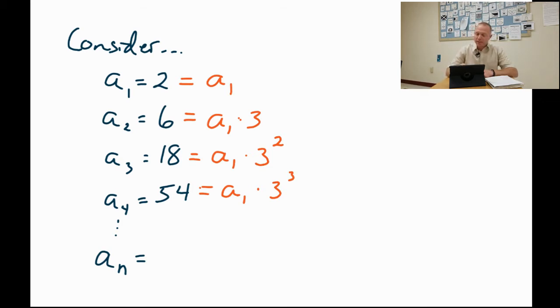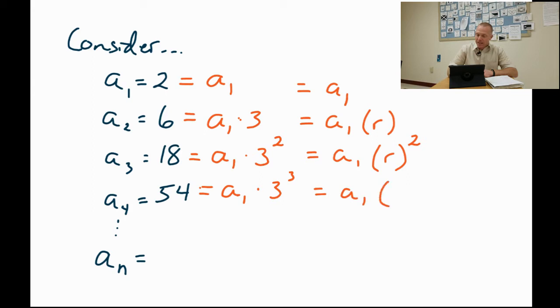We're starting to create a pattern. Do you see it? Let's make it a little bit more generic, because the common ratio can be described as r. So everywhere where I have the number 3, I can put the letter r in here to help us see how to write a formula for the nth term. Do you think you can do it?